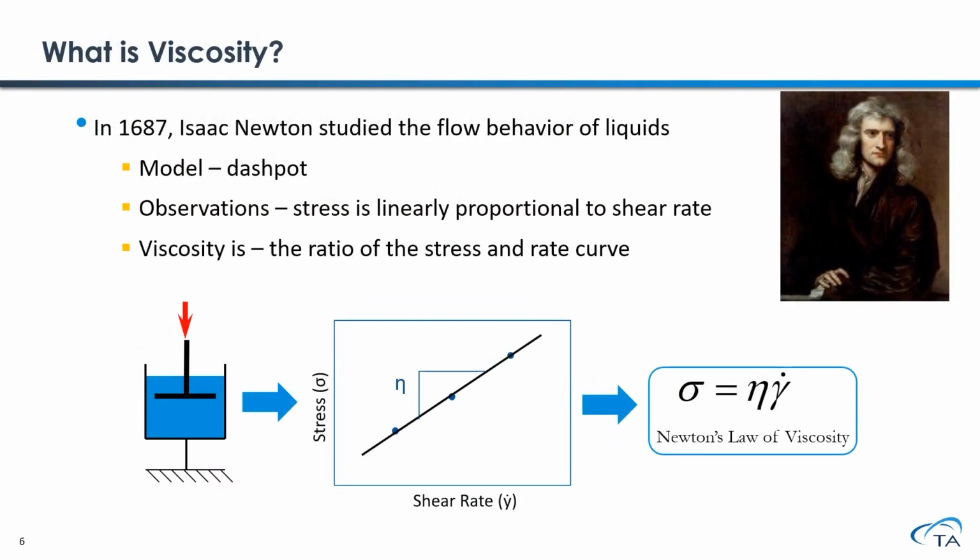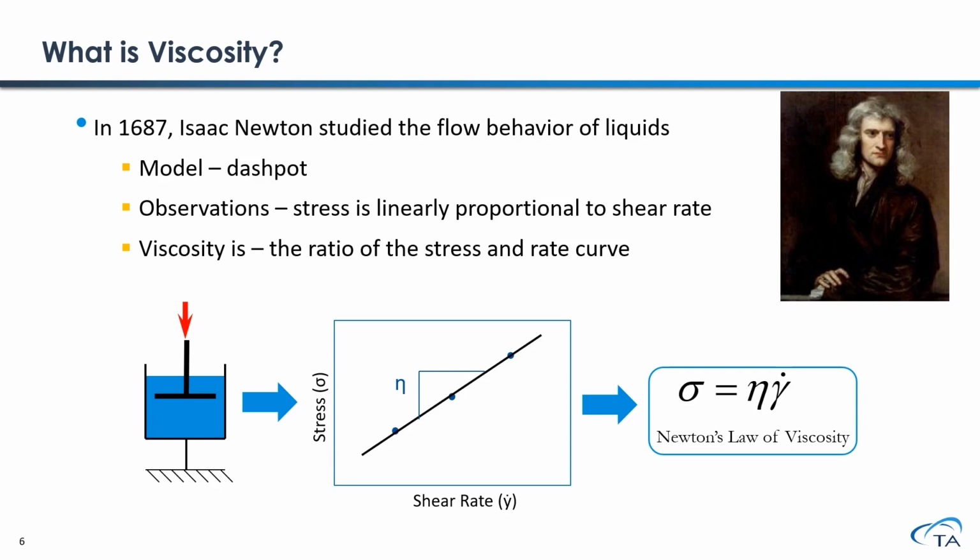Later, in 1687, another scientist named Isaac Newton was the first scientist who studied the flow behavior of liquid material. The model he used was a dashpot. His observation was that the stress he applied to the dashpot is linearly proportional to the rate of deformation.